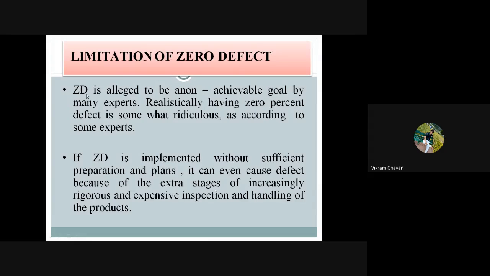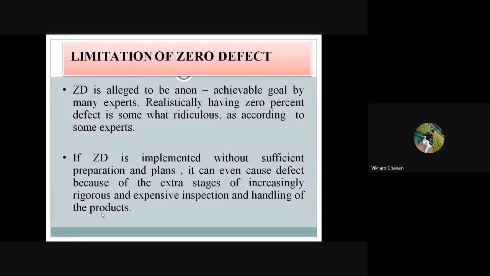But the companies are always striving to implement and achieve it. If ZD is implemented without sufficient preparation and plans, it can even cause defects because of the extra stages of increasingly rigorous and expensive inspection and handling of the products.